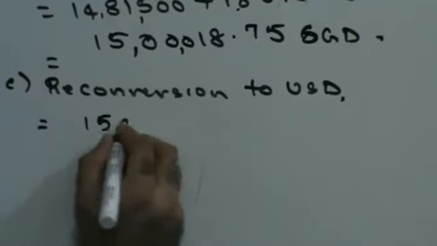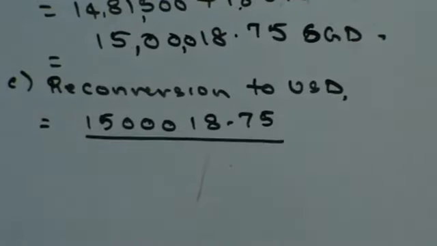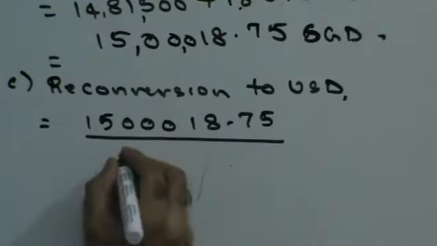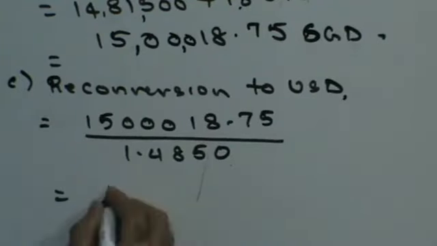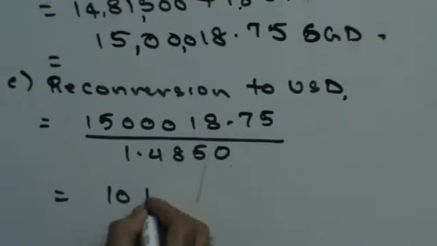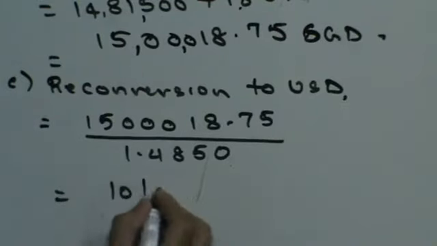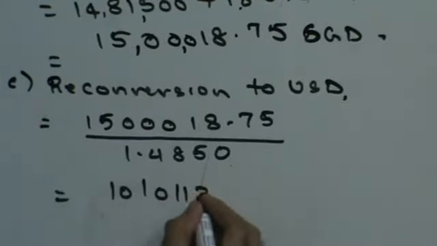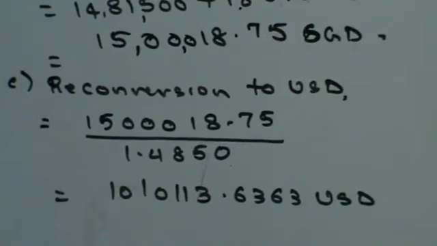So this is going to be 15,00,018.75 at the 3 months forward ask rate, which is 1.4850. Someone please tell me how many US dollars I am going to get. 10,10,113.636 US dollars. This is the money that I'm going to get after 3 months.